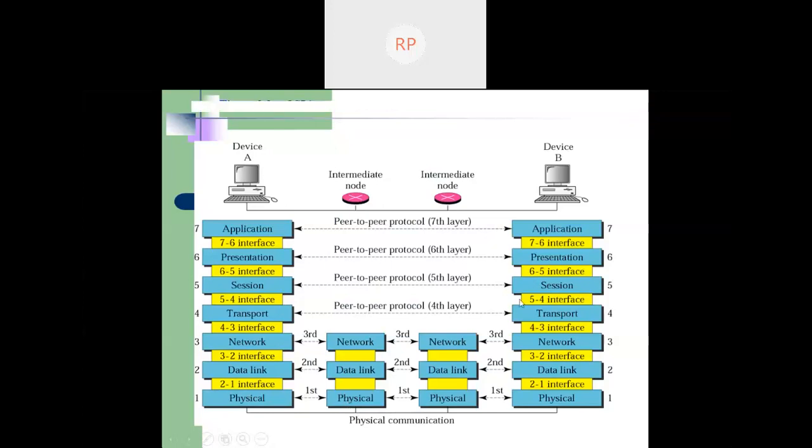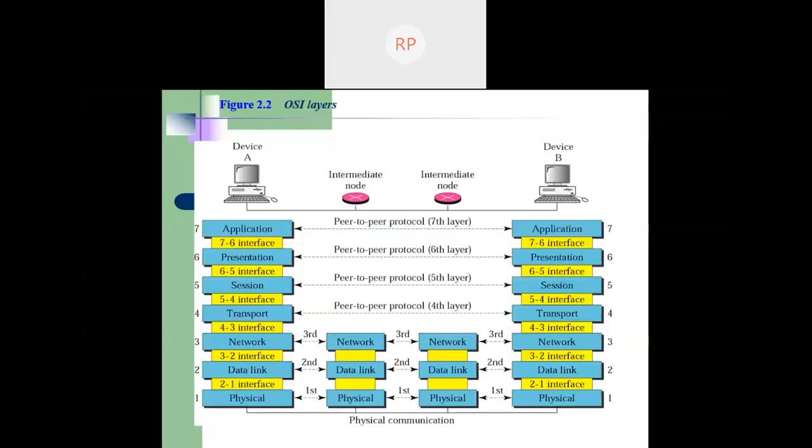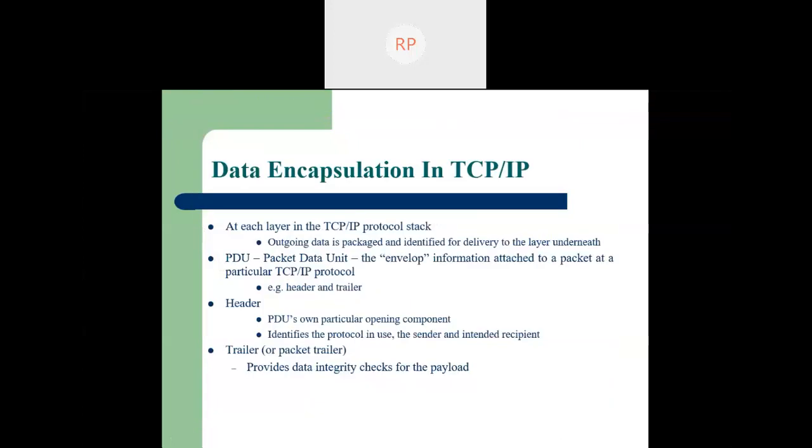Peer-to-peer protocol, and intermediate nodes, connections. This is the brief view. Okay, OSI is done. Next we have to discuss TCP/IP.